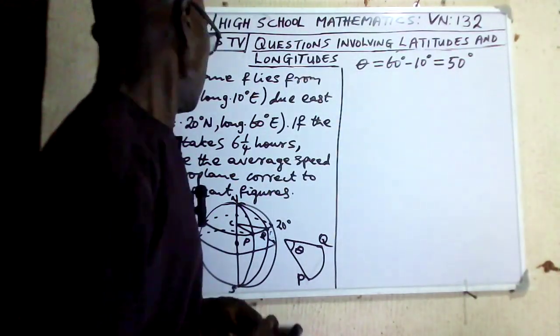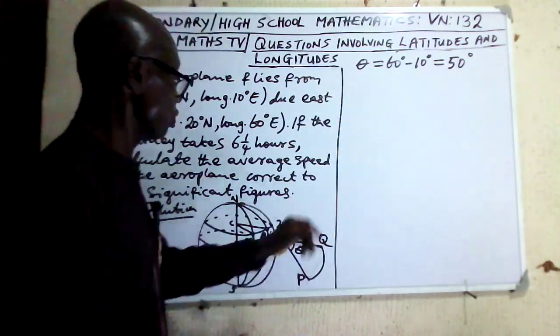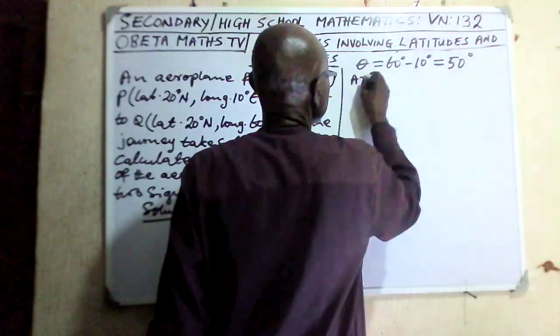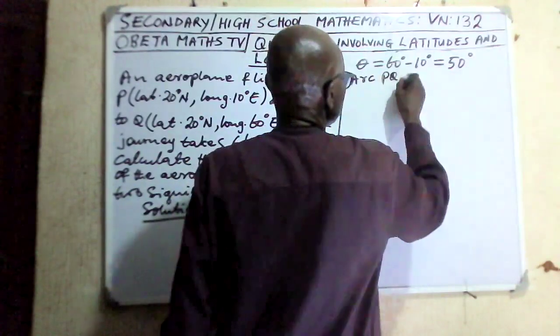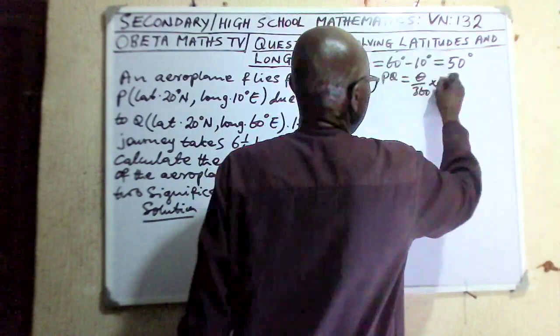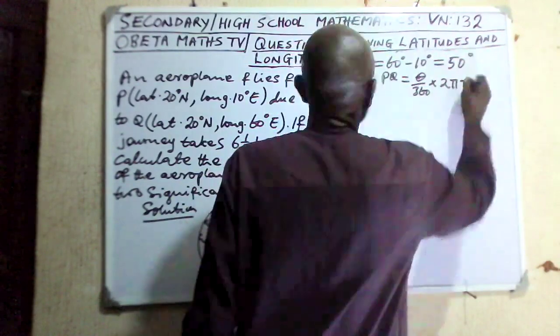So we are talking of arc PQ now. Arc PQ equal to theta over 360 times 2 pi r.